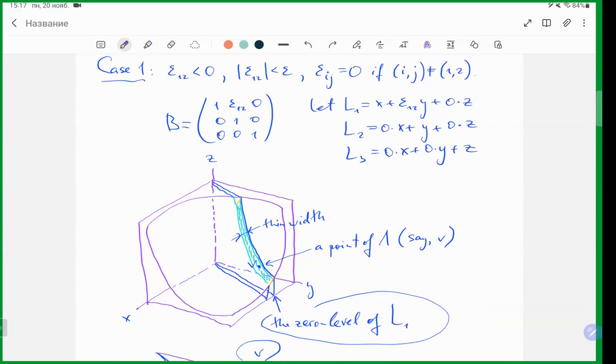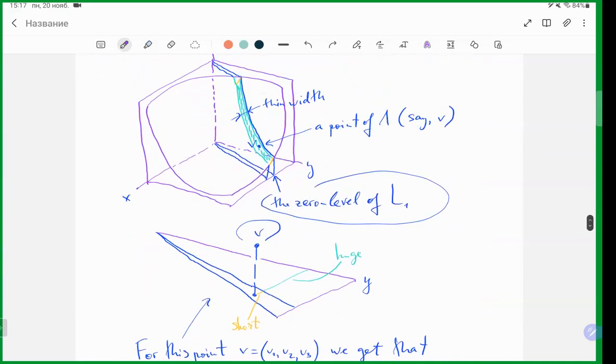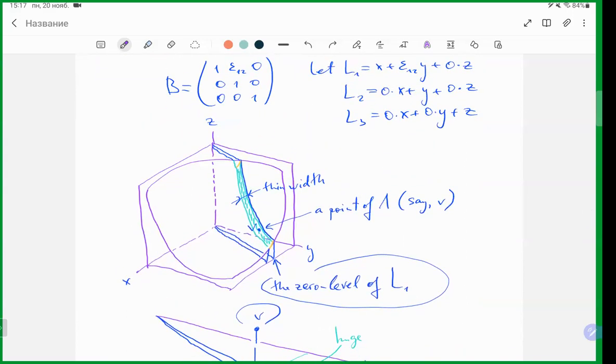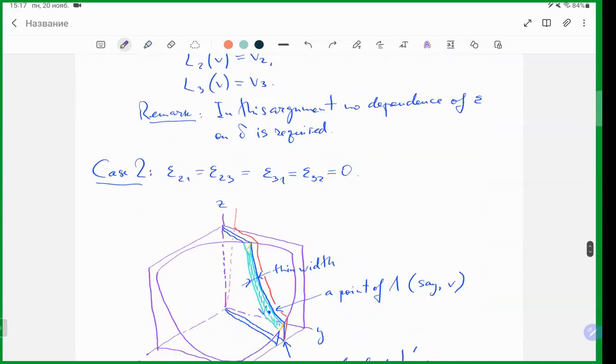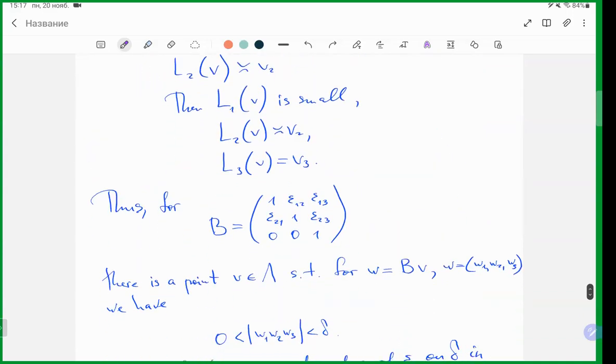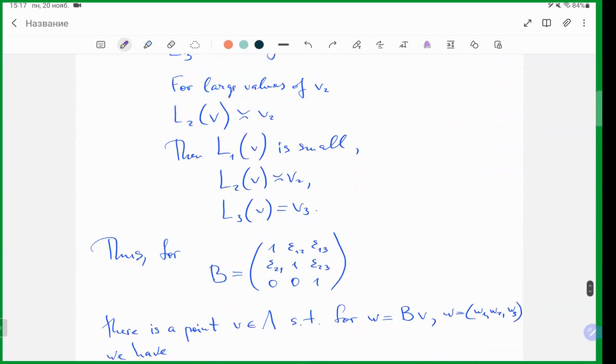But what is everywhere dense? Here in this context, we know that the set of the values of the product of such three linear forms will be everywhere dense if we look at the values at our lattice points.